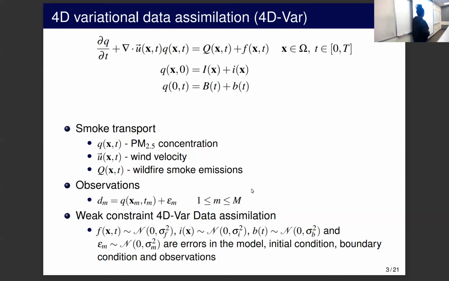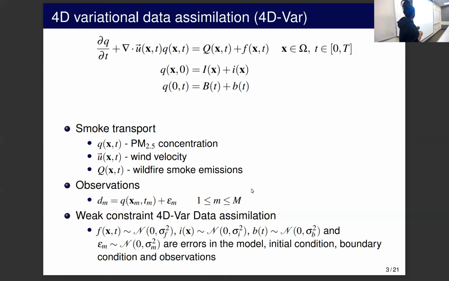Data assimilation is a critical issue in different scientific fields such as oceanography, meteorology, and atmospheric sciences. Its purpose is to combine observations with mathematical models in order to create accurate and consistent representations of physical processes. For this case, we use the weak constraint four-dimensional data assimilation in a preliminary study of wildfire smoke transport.